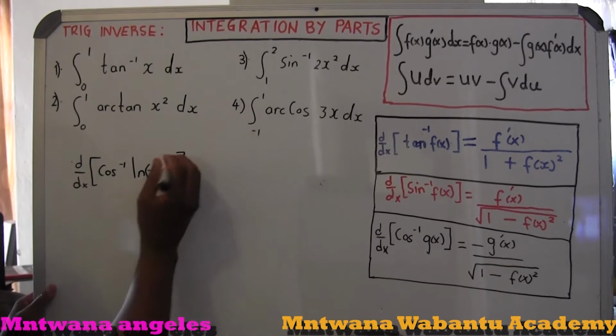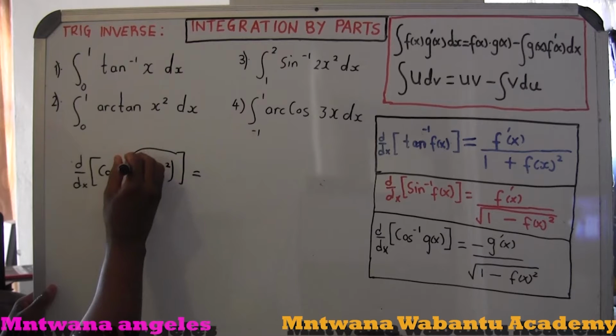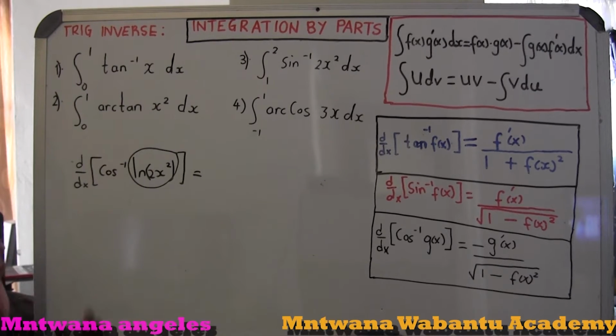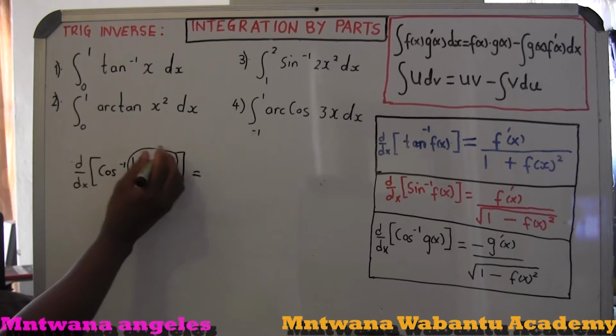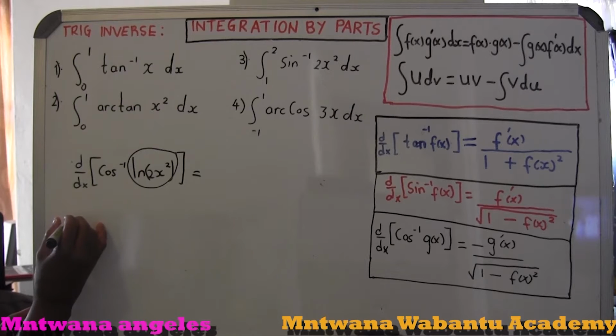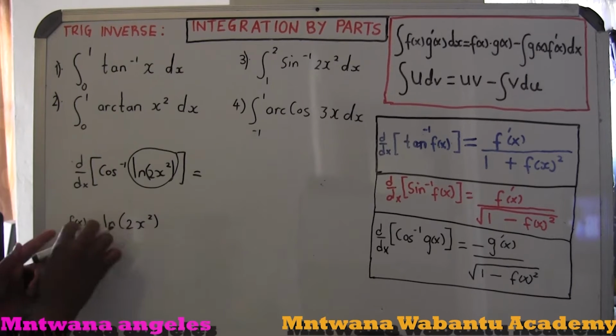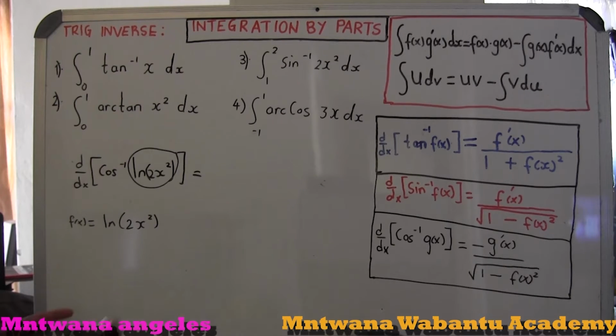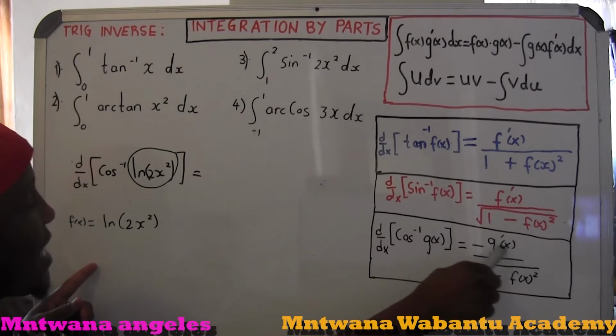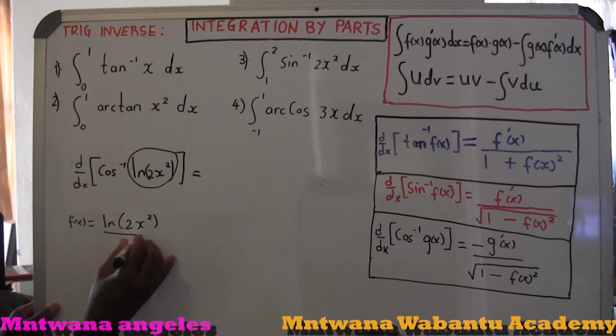So let's differentiate the whole of this function. You can even do it aside: take the function, which is ln of 2x squared, and differentiate it, then write the answer on top. How do you differentiate ln?